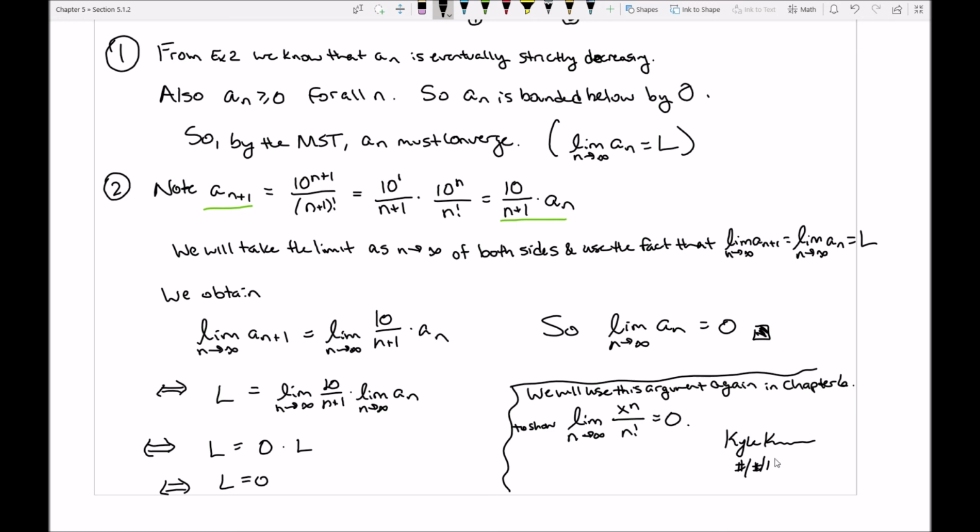And once you have that recorded, maybe contact a notary, get this officially notarized, because when the time comes for us to come back and look at this important fact in Chapter 6, I'm going to ask you to pull back out this example and see that we did talk about how we could develop an argument here using the monotonic sequence theorem to determine the limit of a sequence with this particular formula.